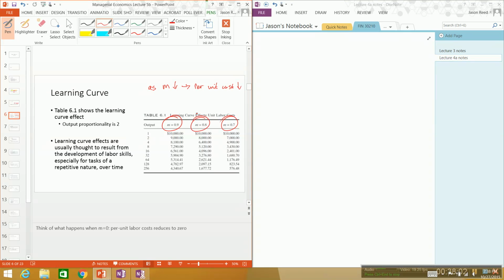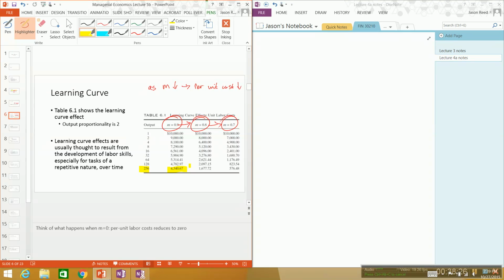And so as we go down from 9 to 8 and 8 to 7, we see that we are going to decrease per unit labor costs quicker. So now we look at the 256th unit of output that we've made. Because of learning, the cost per unit of production has gone down. You're able to produce things faster.